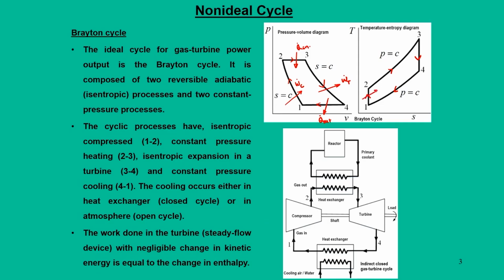Here we have the net work output, given by the difference between the turbine work and compressor work, and the heat addition that takes place from the fuel in the combustion chamber, that is Q_in, and Q_out is heat rejected in a heat exchanger. So, this is the entire thermodynamic analysis we made in the last class.